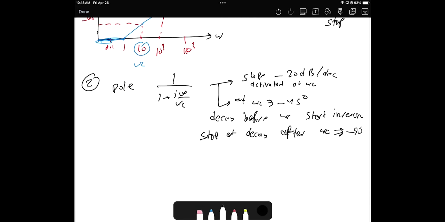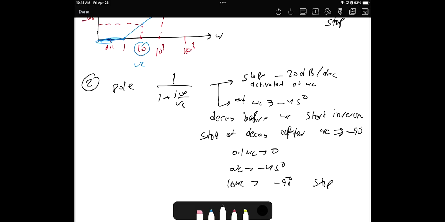In other words, at 0.1 omega c it will be 0, at omega c it will be negative 45 degrees, and at 10 omega c it will be negative 90 degrees. Then it stops here and remains constant.